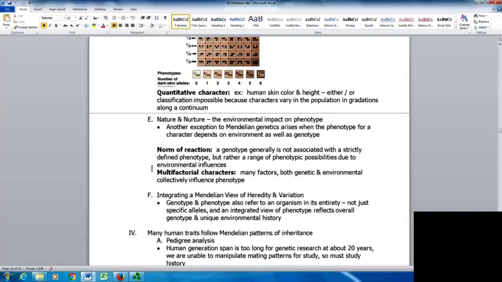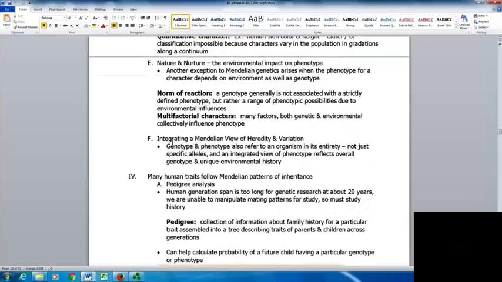When we look at the role of nature versus nurture, the environment definitely has an impact on the phenotype. This provides even more exceptions to Mendelian genetics when we look at the phenotype for a character that depends on the environment as well as the genotype. The norm of reaction refers to a genotype that's generally not associated with a strictly defined phenotype, but instead you see a range of phenotypic possibilities due to the influences from the environment.